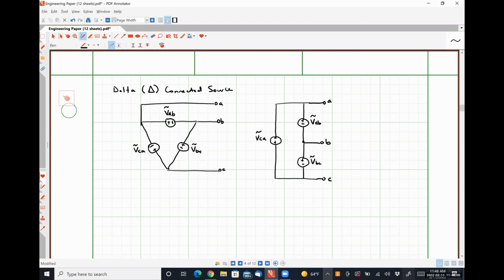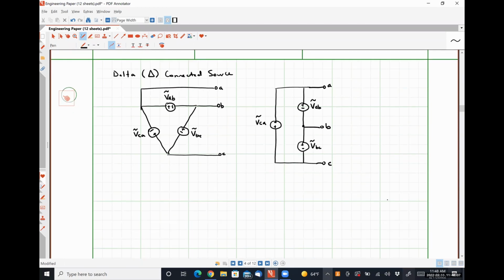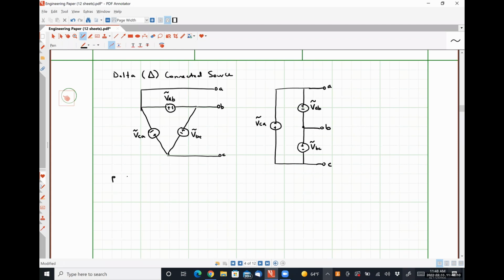Yes, so let's talk about that. Actually, that's the next thing that we were going to do. Our phase voltages here will be VAB, VBC, and VCA, because they absolutely represent the voltage drop over one phase of the source.